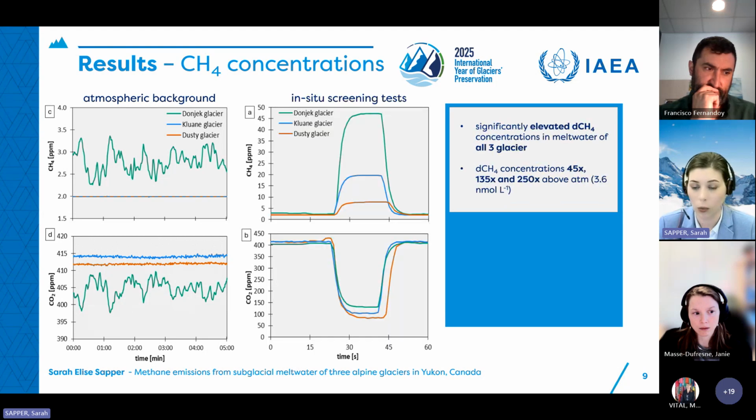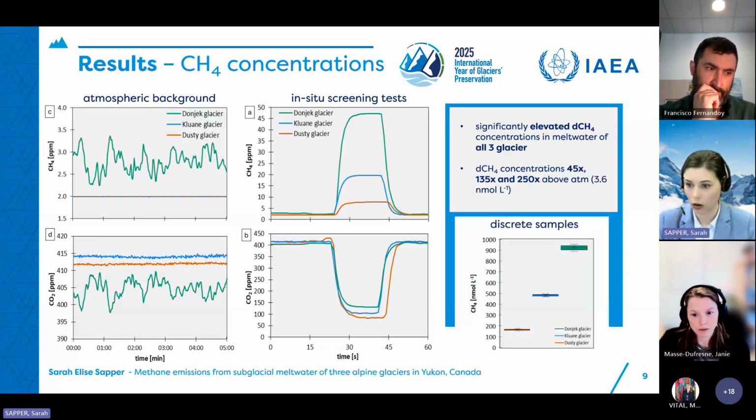And then when we collected some water and shook it vigorously and then analyzed the headspace of that with the portable greenhouse gas analyzer, we saw that there's even more methane contained in the meltwater at all three glaciers. So all three glaciers that we surveyed in this area are direct sources of methane to the atmosphere, and interestingly, there are sinks of CO2.